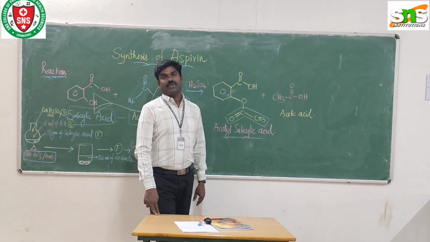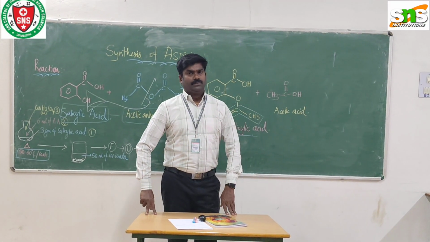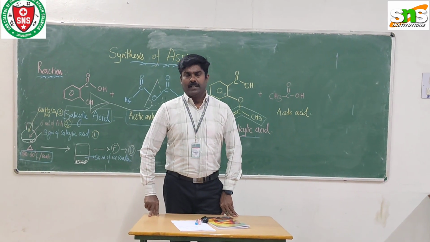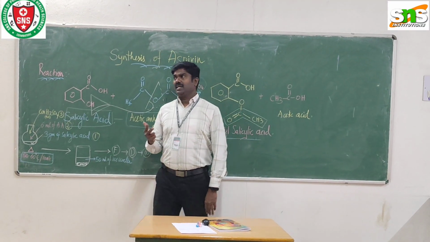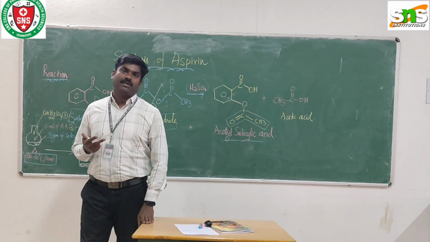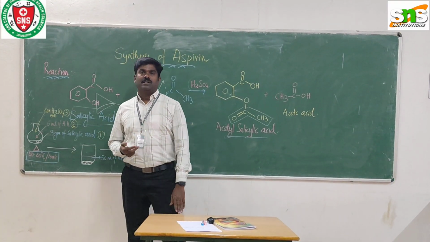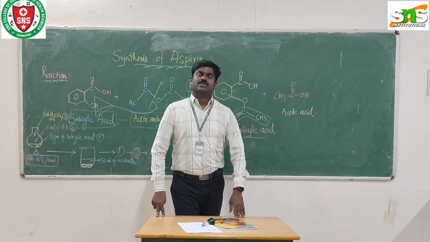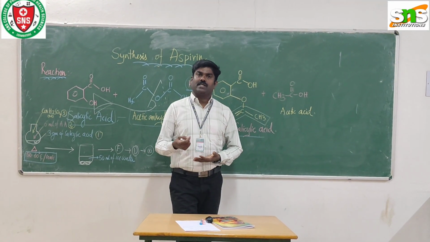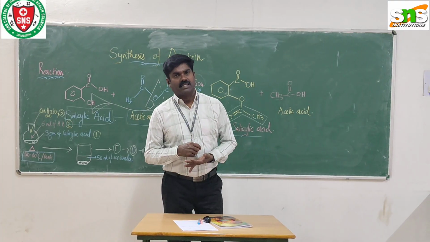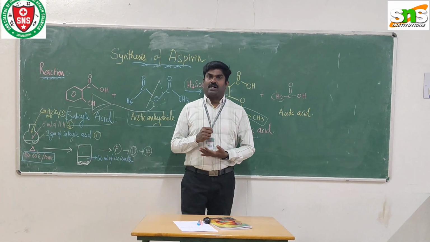After the identification, we can confirm this is acetylsalicylic acid. Then we need to go for recrystallization, which is a kind of purification process. How can we do recrystallization for acetylsalicylic acid? Normally, we take a watch glass. In the watch glass, we take a pinch of acetylsalicylic acid and add 2 to 3 drops of ethanol.